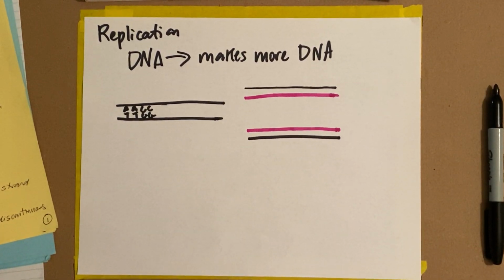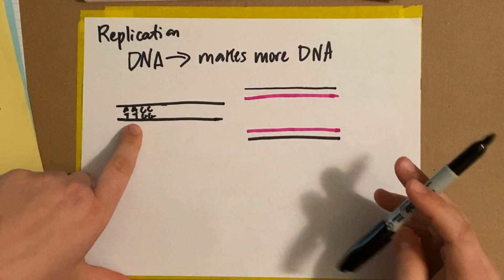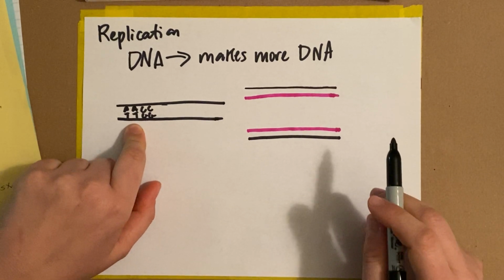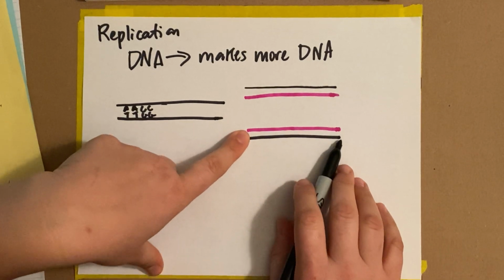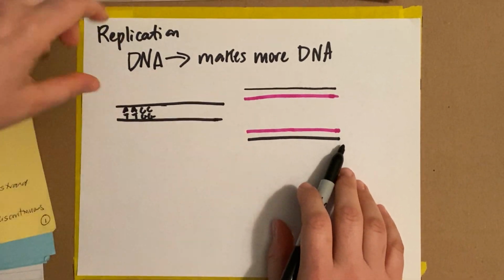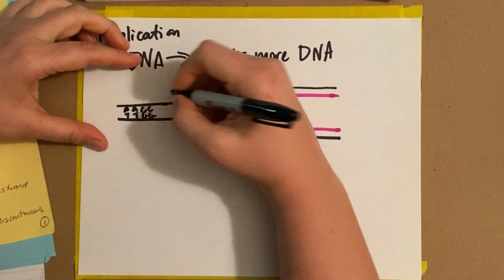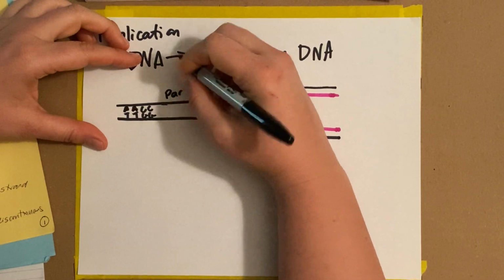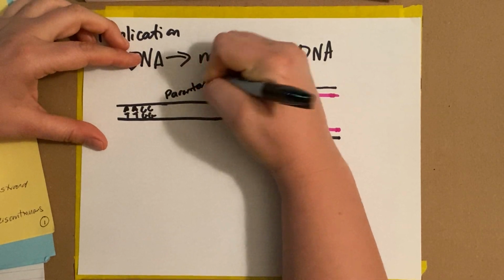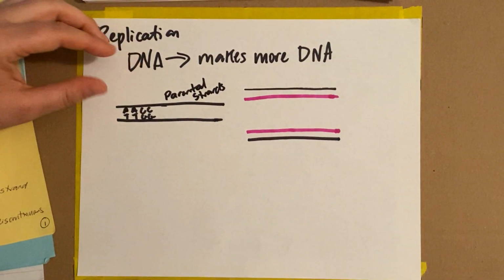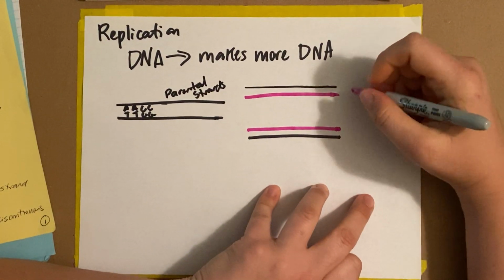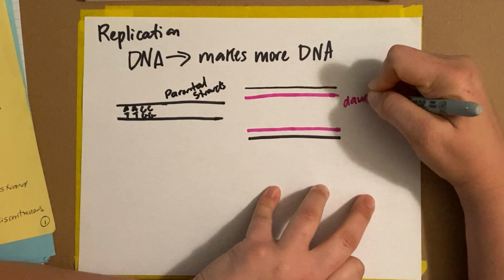So we have these template strands, which act as the template to make the new DNA, and we're going to call these parental strands. Okay, and then the pink ones are going to be the newly synthesized daughter strands.